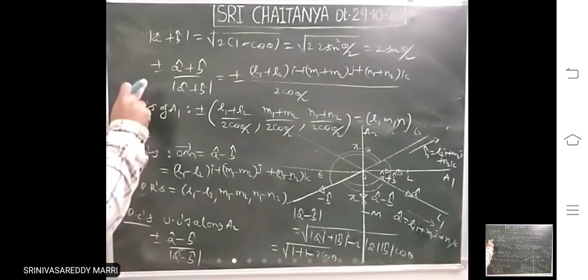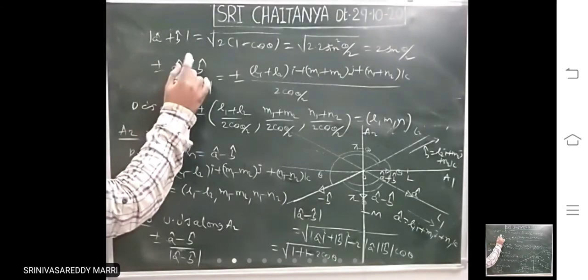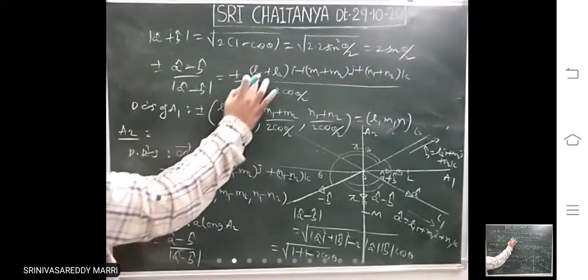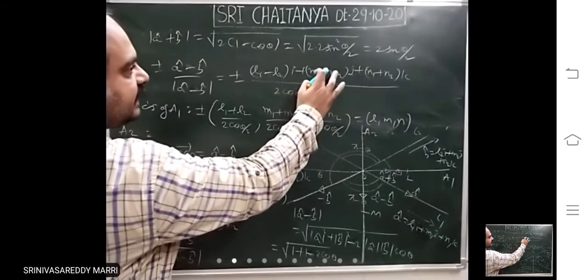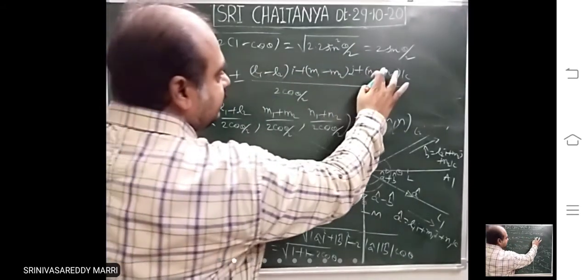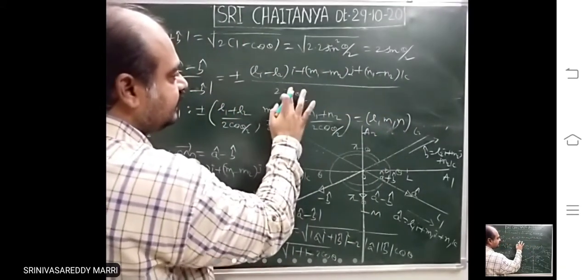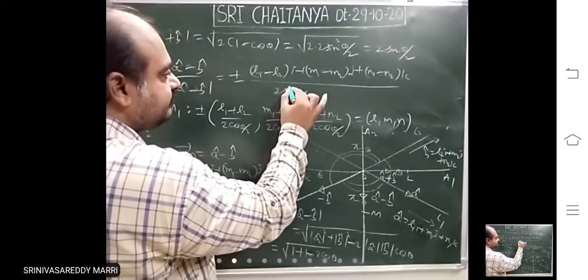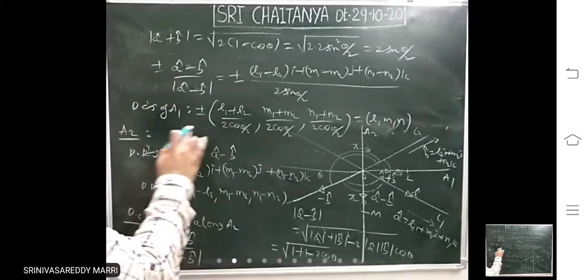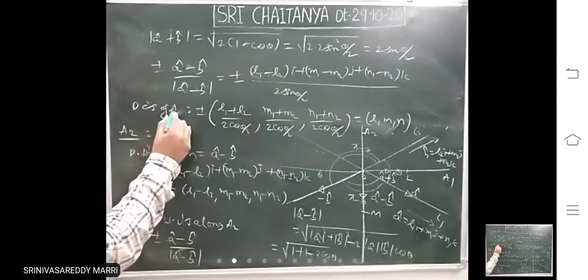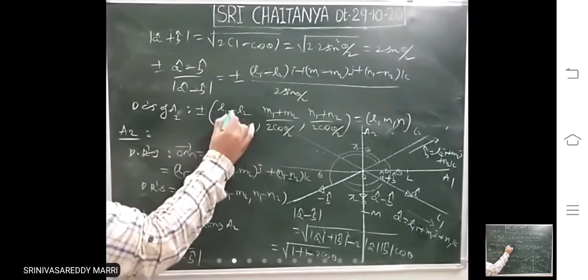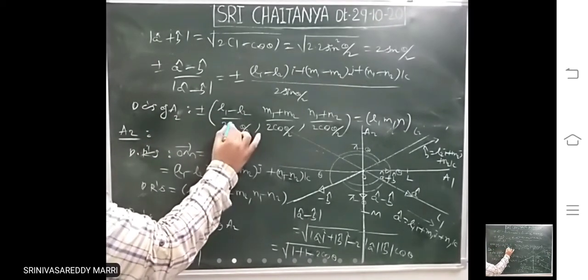Note down. So here the unit vector is just minus, and sine you write in place of cos. So the DCs of A2 are L1 minus L2 divided by just sine.